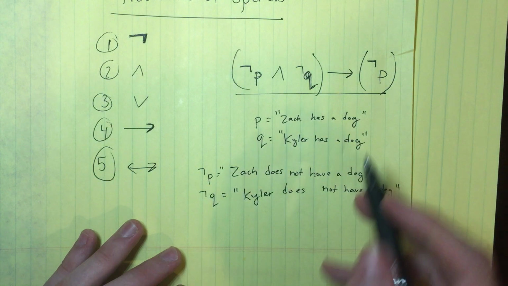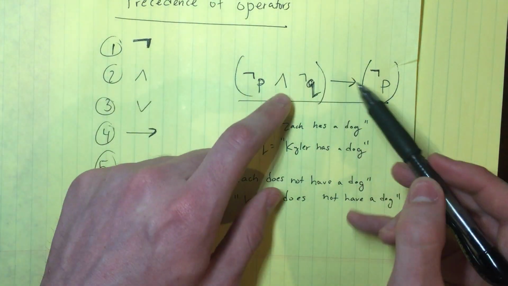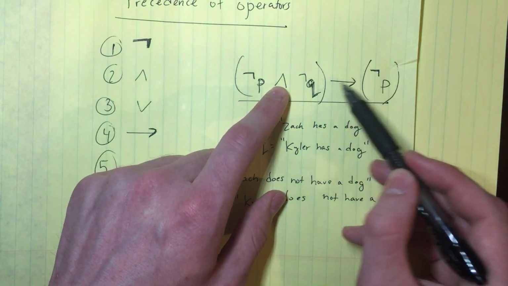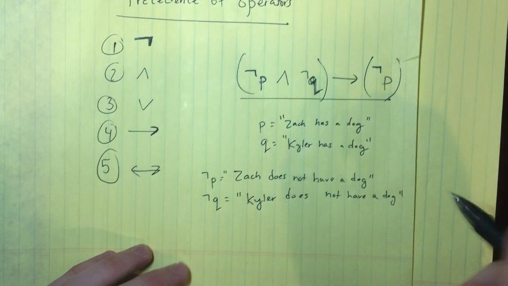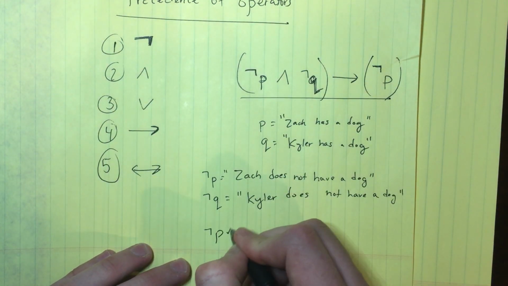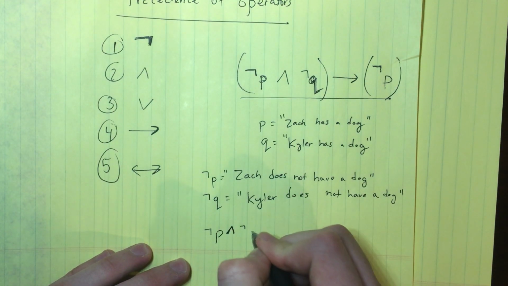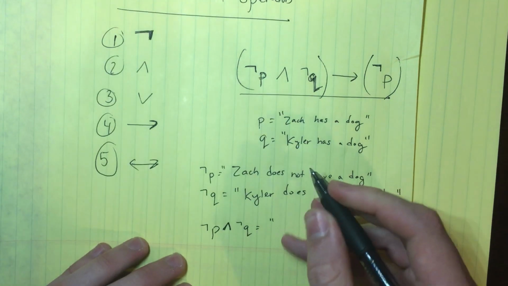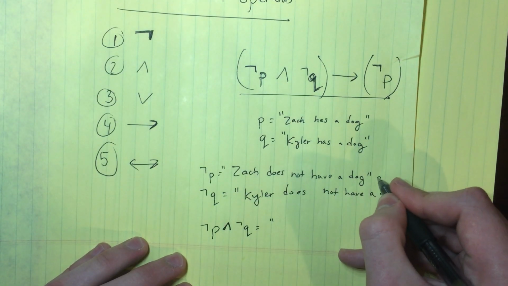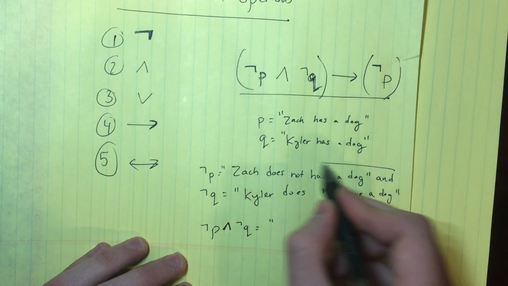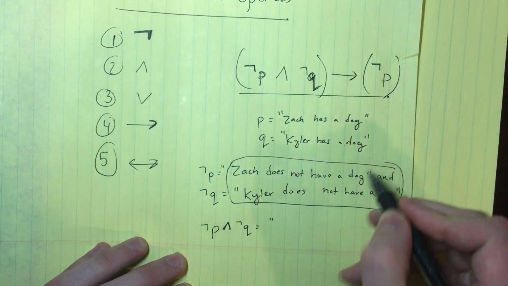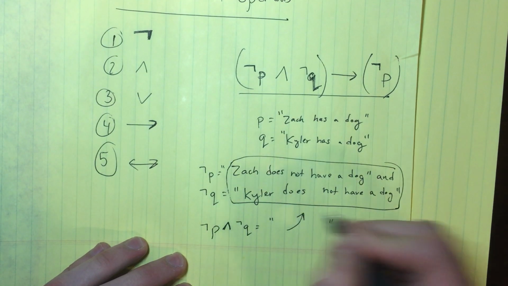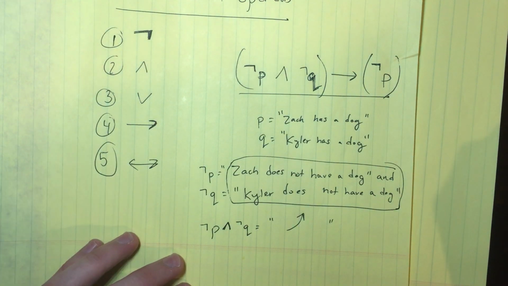Then you would use the and operator before you go to this part because it's lower, so not P and not Q is equal to Zach does not have a dog and Kyler does not have a dog.